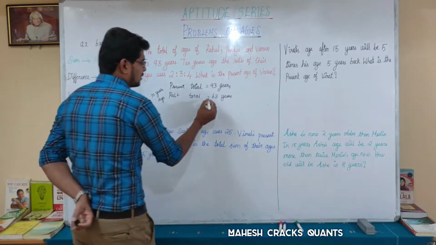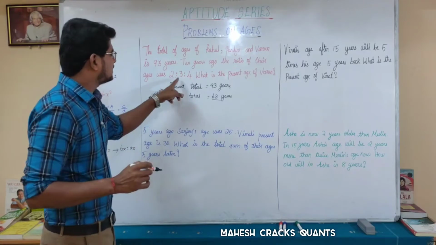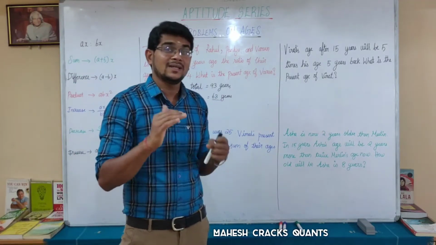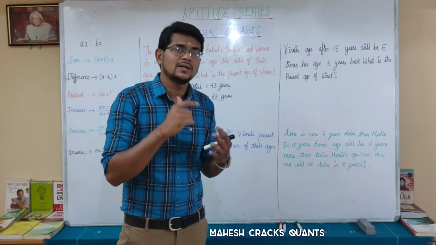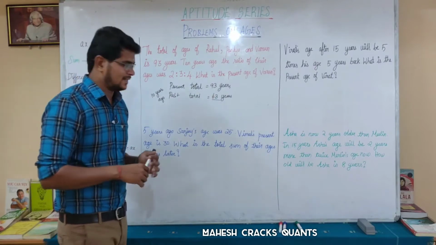When you split 63 into 2:3:4, you will find the ages of Rahul, Pandya and Varun 10 years ago. Using that, you can find the present age.